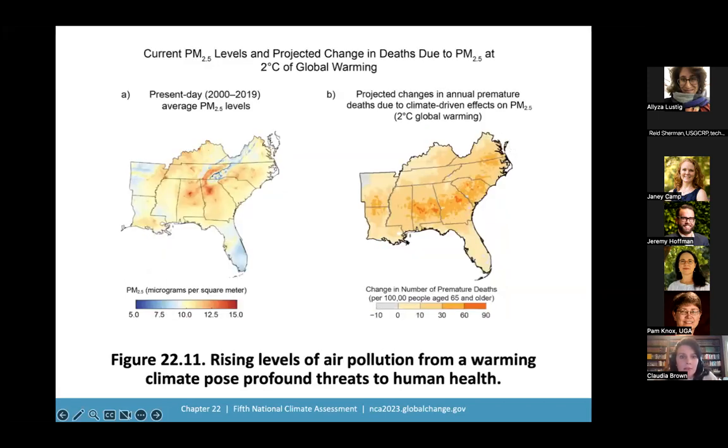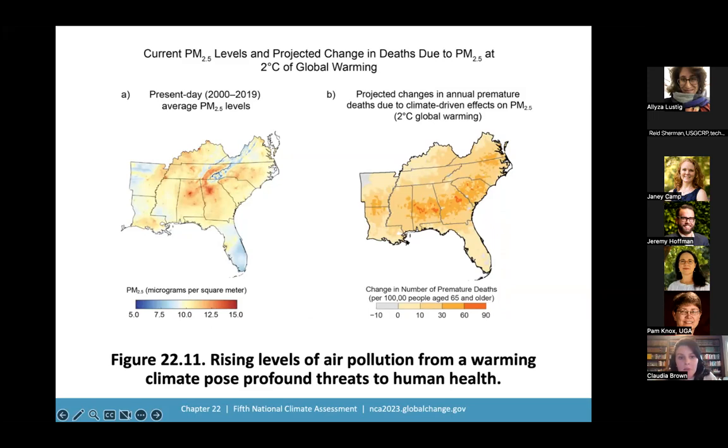And one final example of the climate impact on health in the Southeast is presented here, as rising levels of air pollution from a warming climate pose profound threats to human health. The map on the left is demonstrating the present-day patterns of particulate matter and how they're associated with excess mortality. The map on the right is demonstrating potential future patterns of premature death in people 65 and older due to PM 2.5.